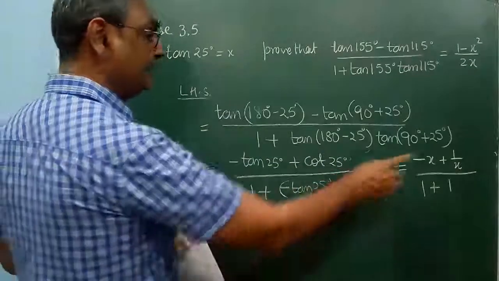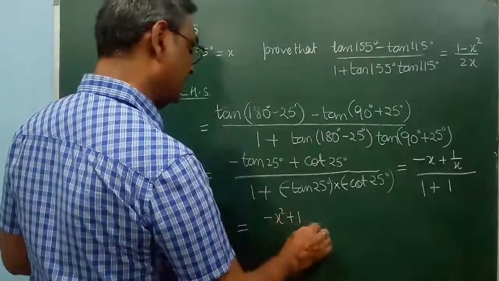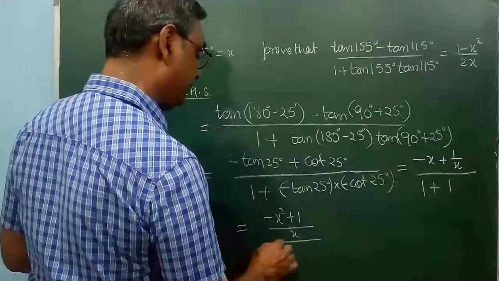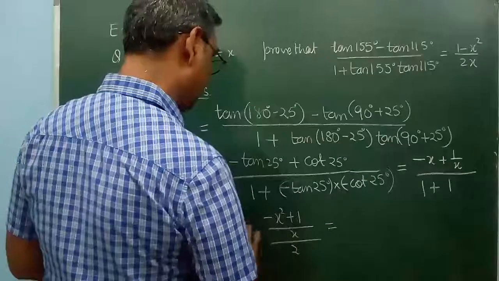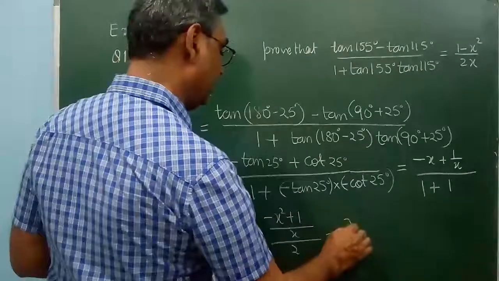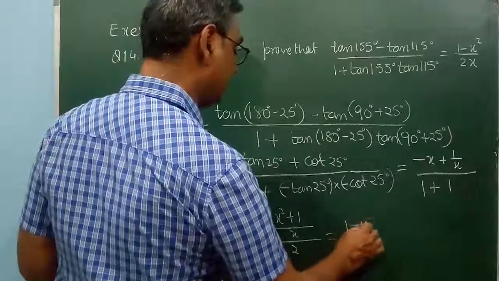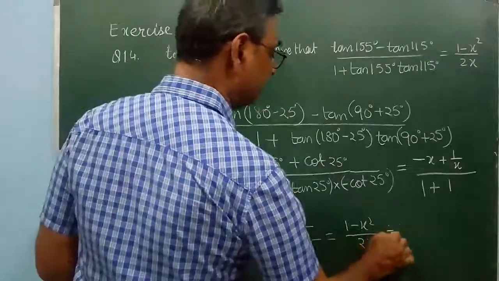So what it will be? Take LCM, minus x square plus 1 upon x upon 2, and this will be equal to 1 minus x square upon 2x is equal to RHS.